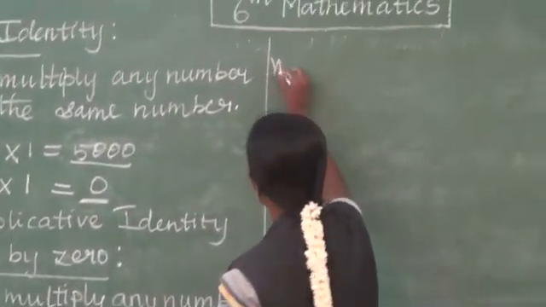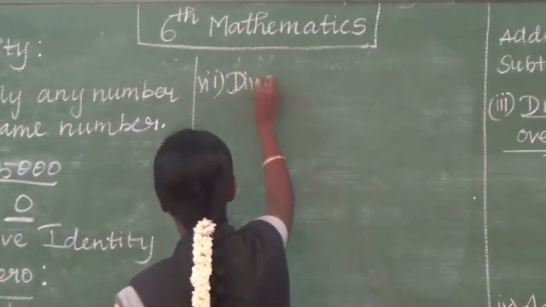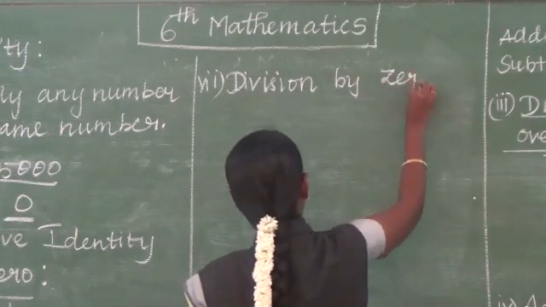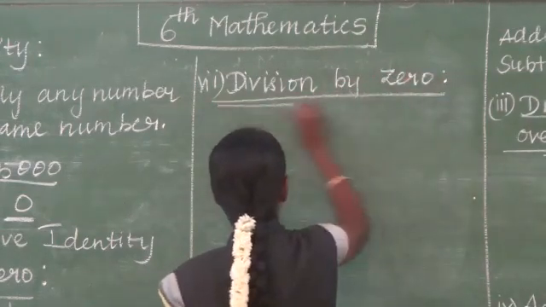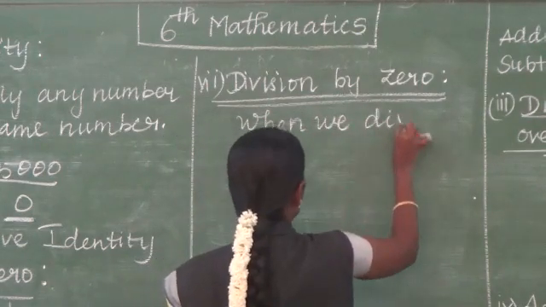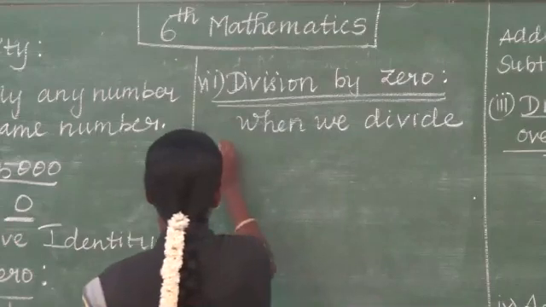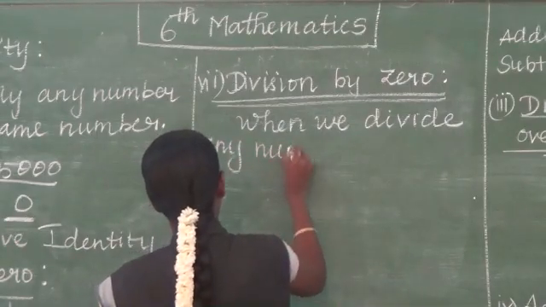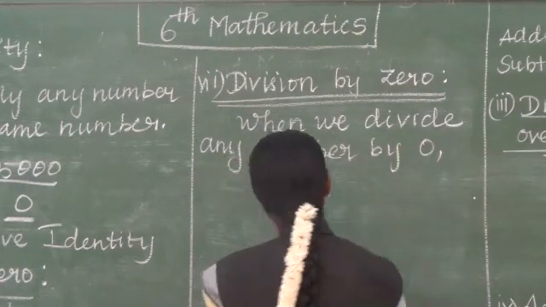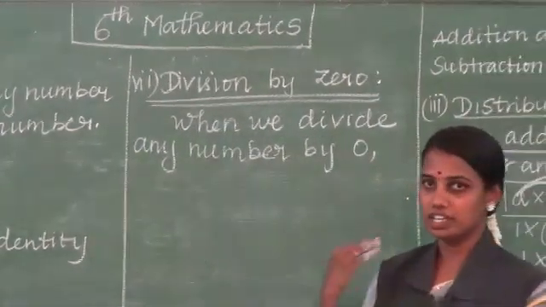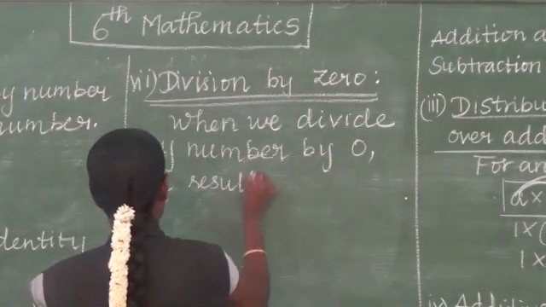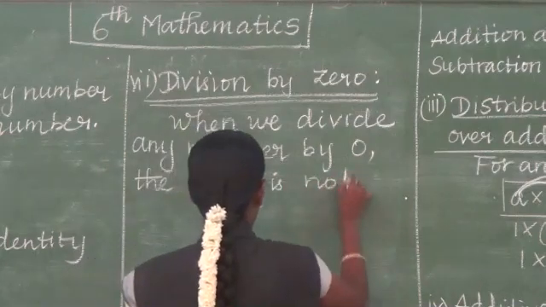Next is division by 0. When we divide any number by 0, the result is not defined.